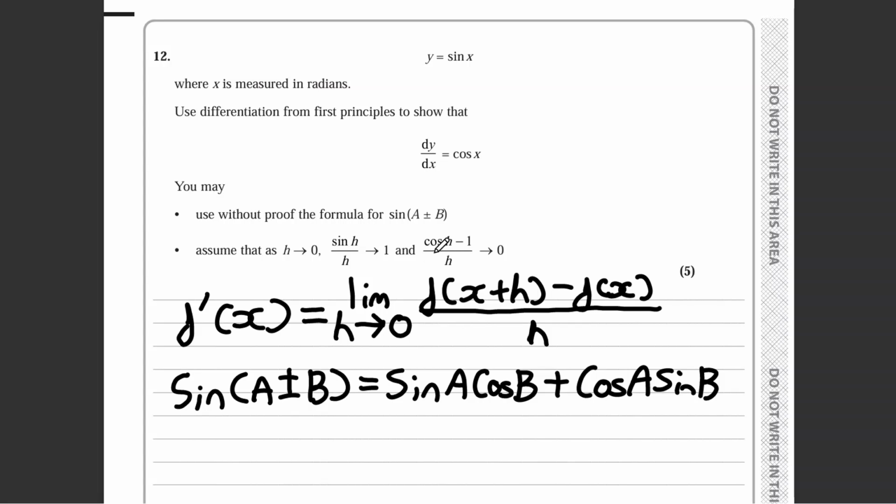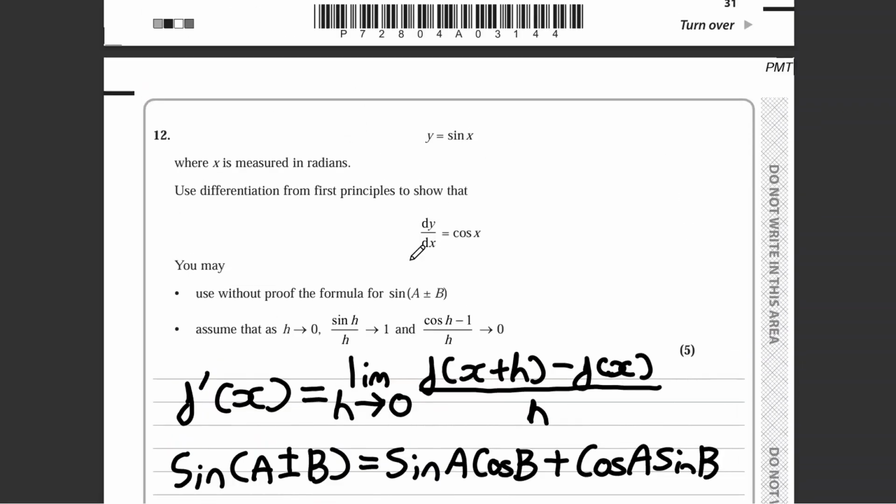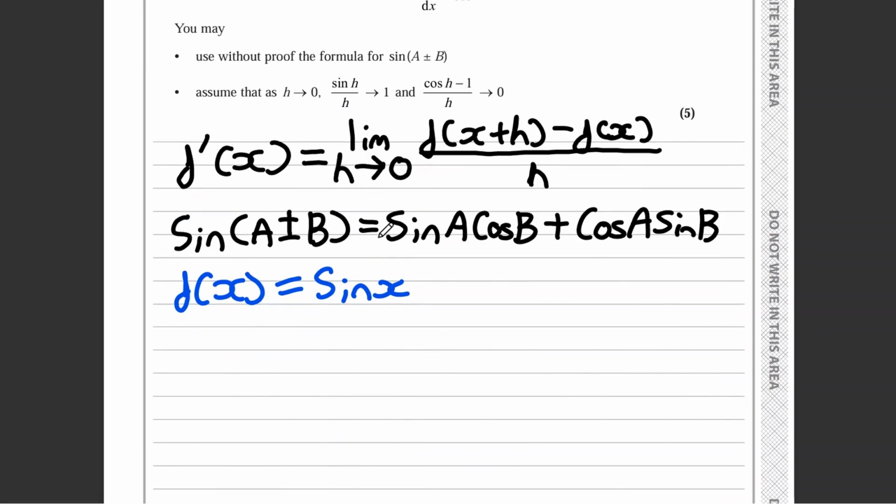Okay, so to do this, what we're going to do is we're firstly going to say that f of x is equal to sin x, because this is what we're trying to differentiate.